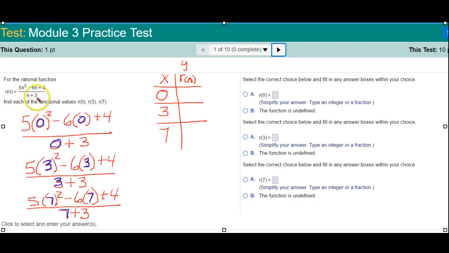So I've copied the formula and put the 0 where the n is, 3 where the n is, and 7 where the n is. And now we just need to simplify this, and then of course put our values in there.